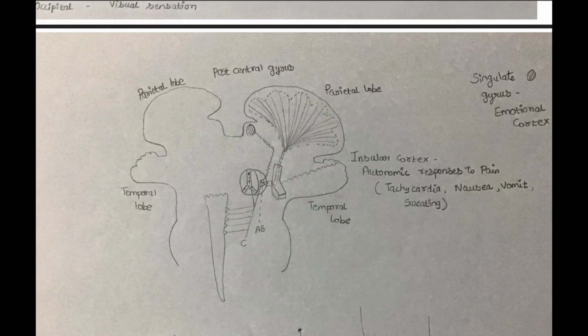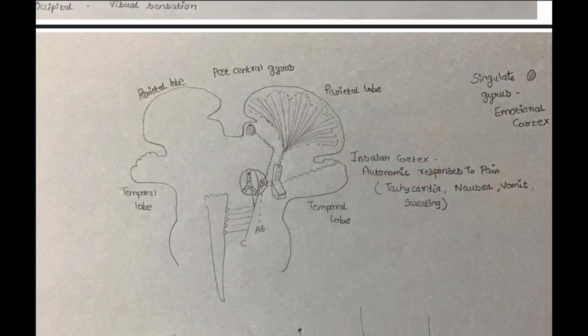And the pain fibers from the slow pain and fast pain also go to the insular cortex. In this insular cortex there are autonomic responses, such as when you have a pain, you will have increase in the heartbeat, increase in sweating, you will have nausea, that is vomiting like sensations, and some will vomit due to the severe pain. These are controlled by the insular cortex.